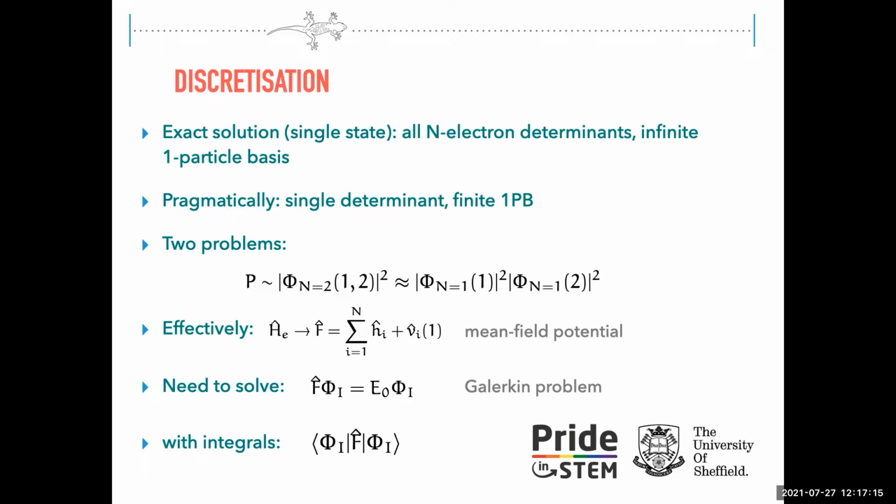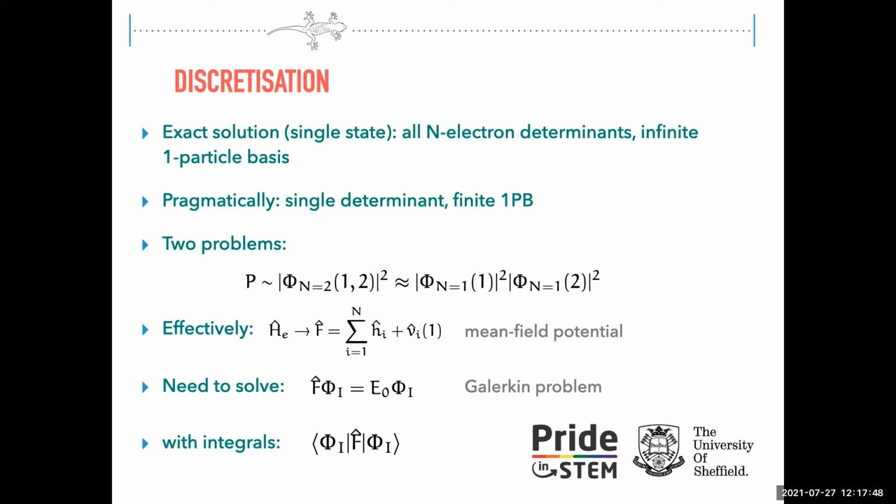So basically, what this means for me is that I can reduce the problem down to just the one particle basis set. Even if you truncate the one particle basis to a finite basis, which obviously we have to do on a computer, if we include every possible configuration, which is basically every possible electron determinant, then we still have the exact solution within that reduced problem. So that's nice.